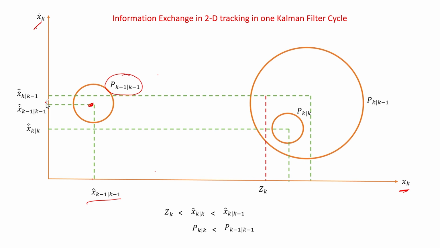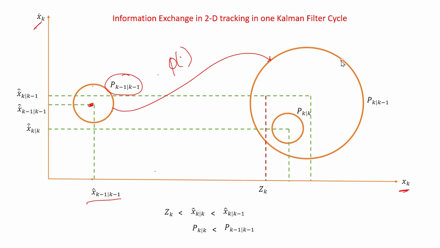Now, you are running a Kalman filter. From this small circle you go to the big circle by the first step, prediction. When you do the prediction using your state dynamics, no measurement z at t equal to k has come; it is only using the state transition matrix phi, so you go to a large circle.